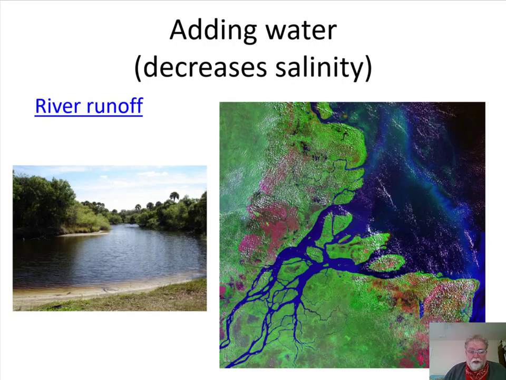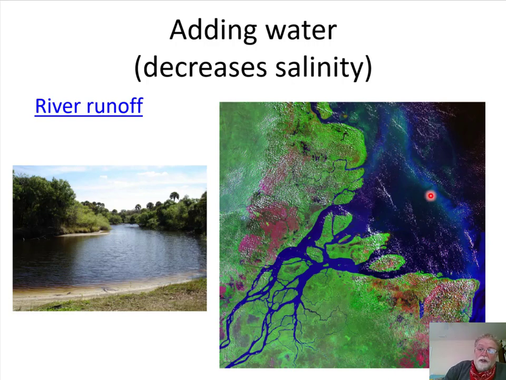If you look here, this is I believe the Anclote River, a picture I just took when I was out there sometime. But this is the Amazon draining the Amazon rainforest. It's dumping a ridiculous amount of fresh water into the world's oceans, and so the water here is pretty fresh.